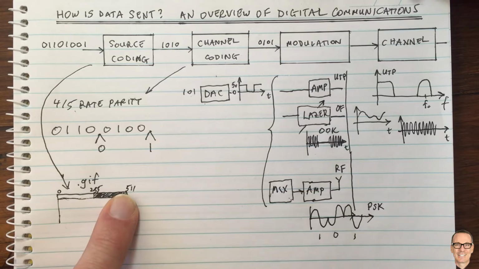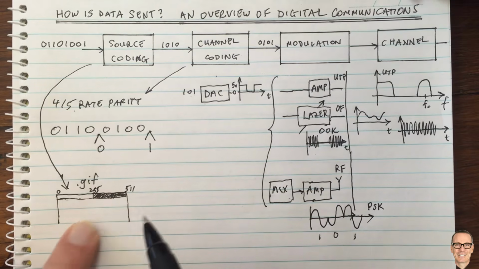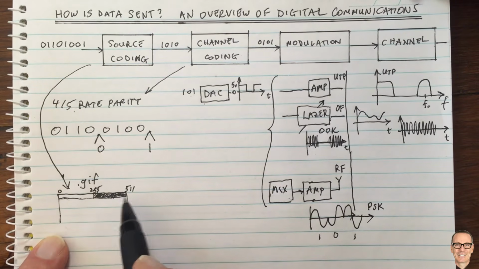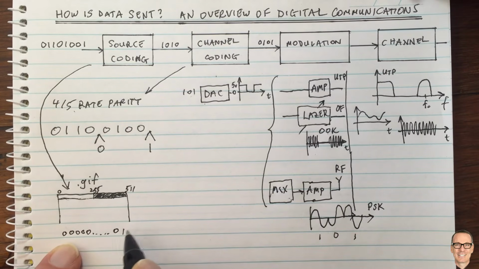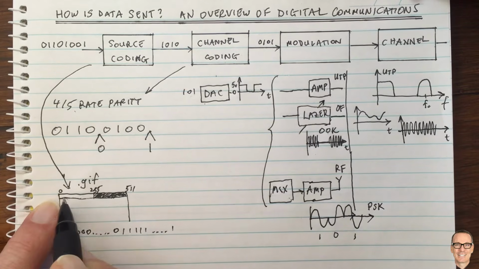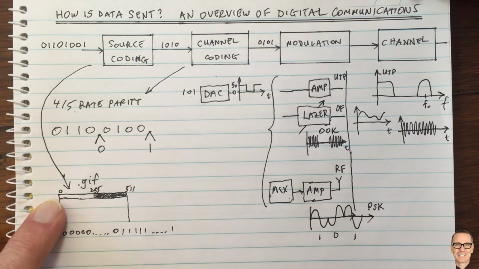It starts at 0, so we go to 511. What we could do is send 256 zeros followed by 256 ones. That's what we could send for the first row of that image.